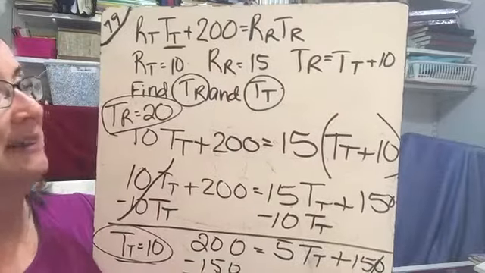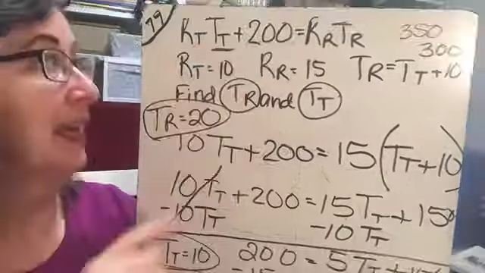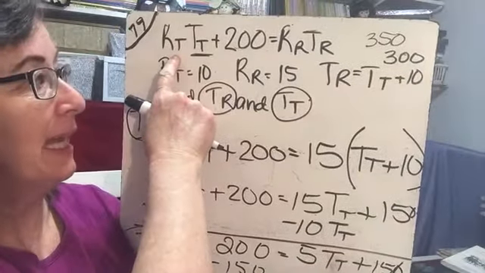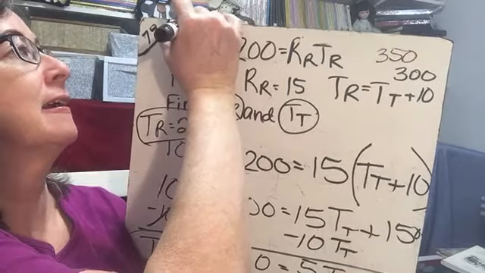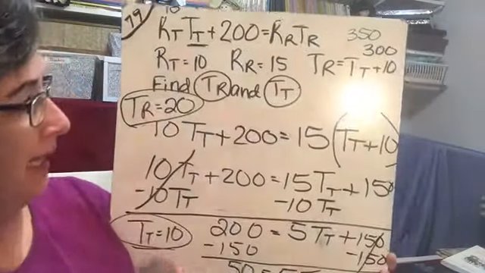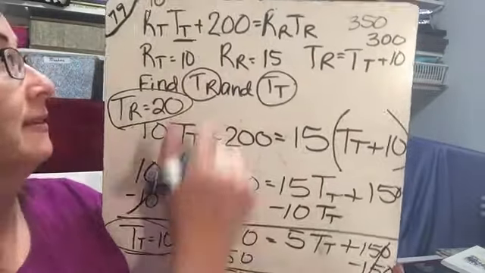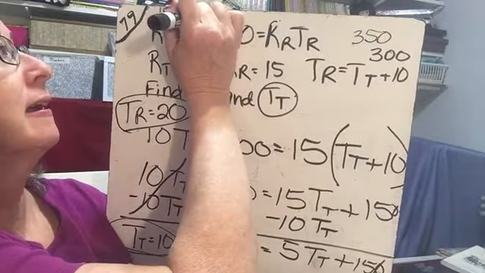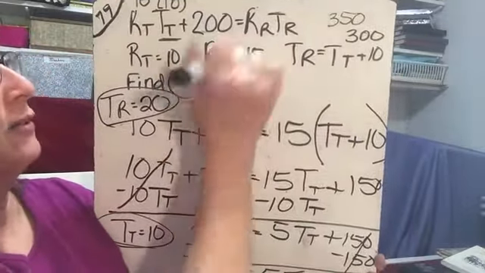Now, let's go ahead and check it. So let's go back all the way up to the top. R sub t is 10. T sub t is 10. R sub r is 15.